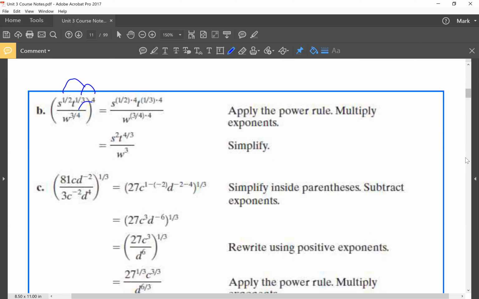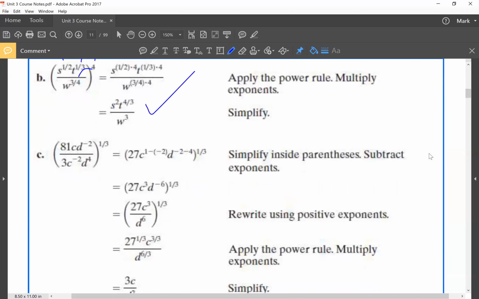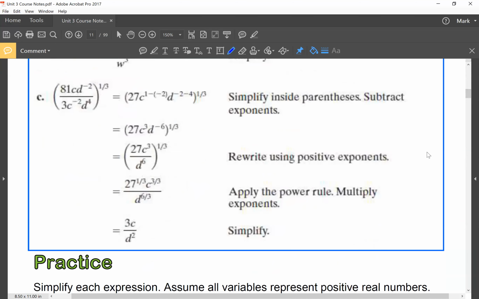Then I reduce my fractions if I need to, and there's the answer. For example, if you're looking at the S term, 1/2 times 4 is 2. If you're looking at the T term, 1/3 times 4 is 4 over 3, and so on. Again, I'm going to do some of this with you.